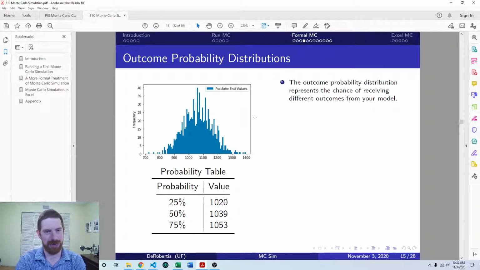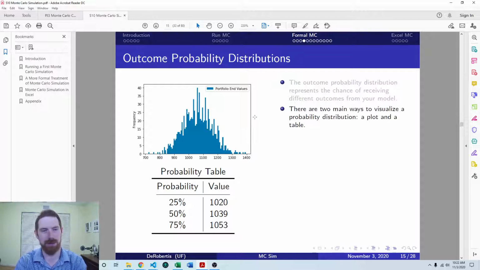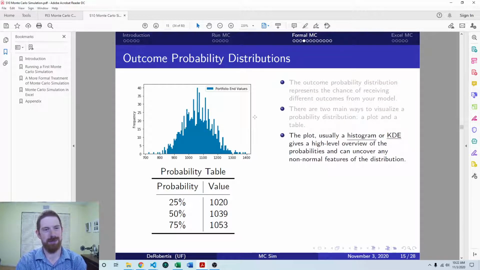These are both getting at just the chance of having different outcomes in your model. So you can visualize this with a plot and a table, and with a plot, you usually use a histogram. You can also use a KDE, kernel density estimation plot, as another potential way to visualize this, which just gives a smoother looking output.